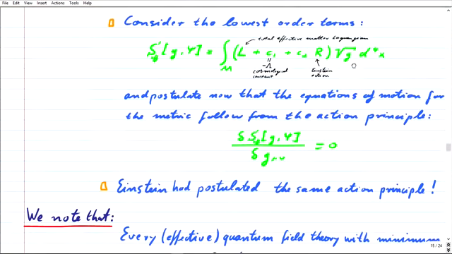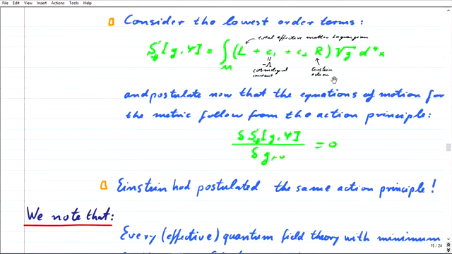So let's consider just the lowest order terms in this expansion. The 2 lowest order terms are, other than the effective action of the matter fields, we have C1, which is later going to be identified with the negative of the cosmological constant. And this term here, the second induced term here, is actually the Einstein action.